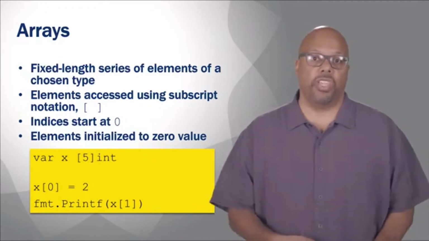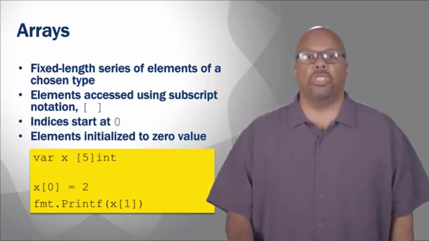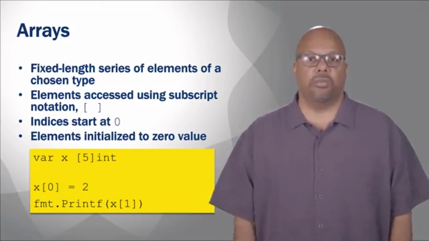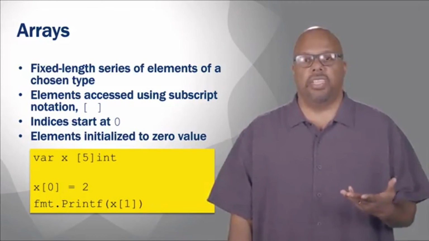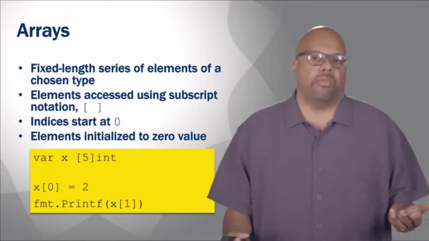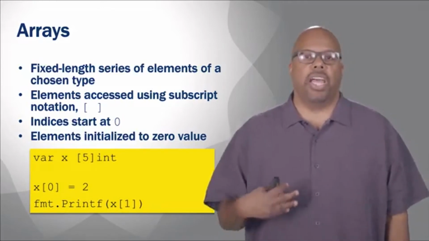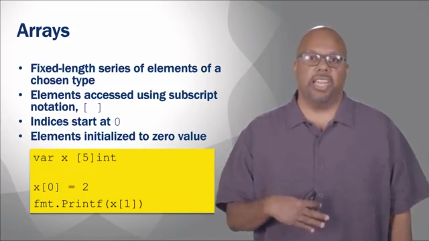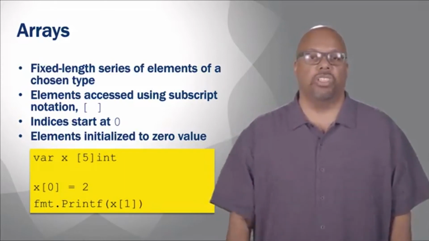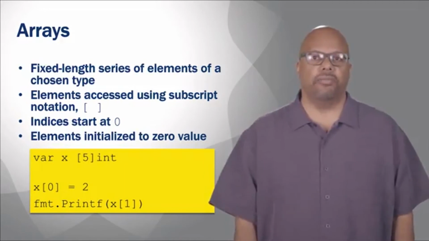So I'm looking at the 0th element, and I'm setting that equal to 2. So now I've changed that element to 2. And then on the next line I'm doing a printf of x bracket 1. Since I didn't explicitly initialize bracket 1, it would have been initialized to 0, so that'll print 0. So that's an array, and you've seen that in other languages most likely.